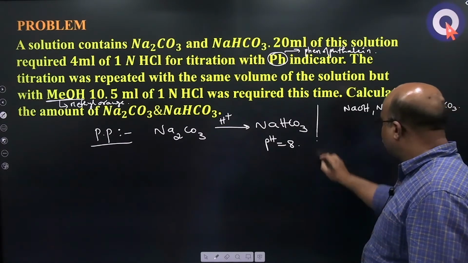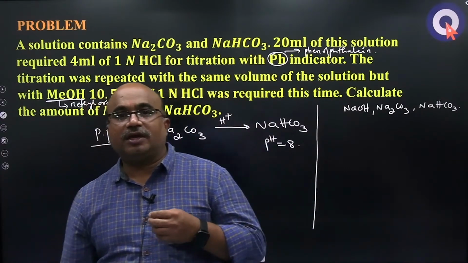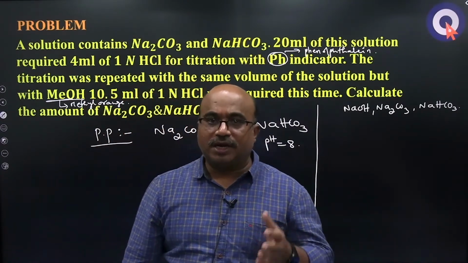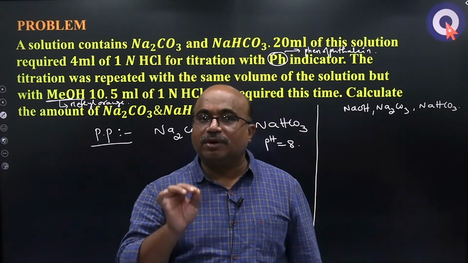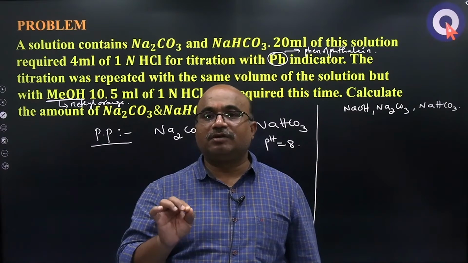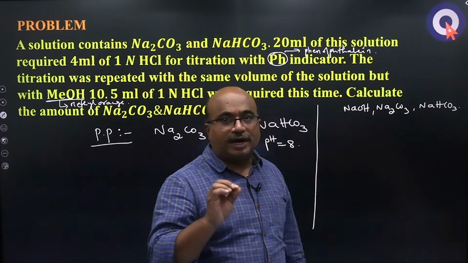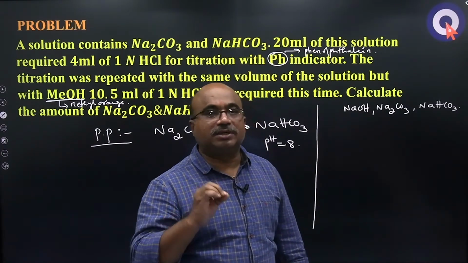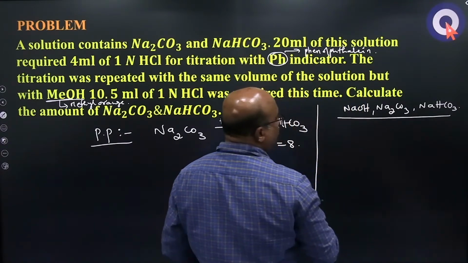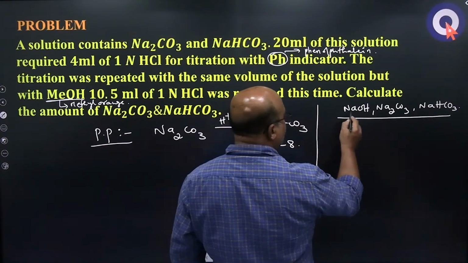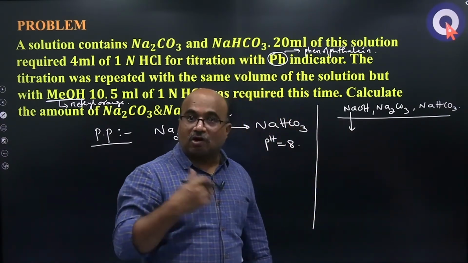When we use any titration or chemical reaction, we usually say the number of equivalents of one substance will be equal to the number of equivalents of the other substance. Now using that equivalent concept, when we have sodium hydroxide, sodium carbonate and sodium bicarbonate, sodium hydroxide is completely neutralized first because it is a stronger base.